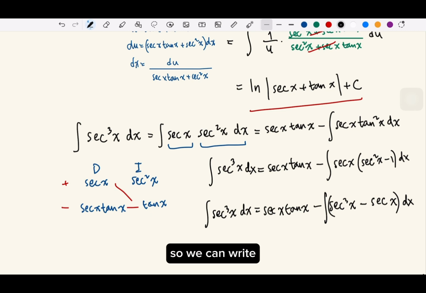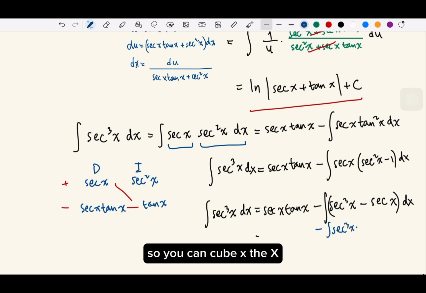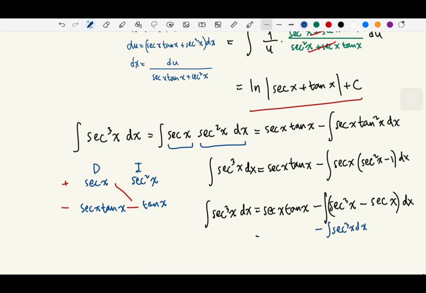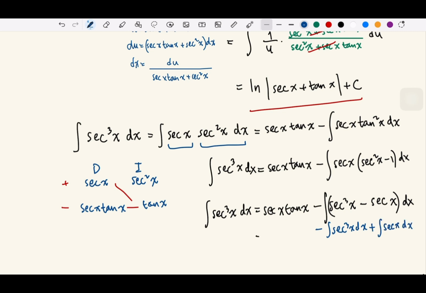So technically this is going to be negative secant cube x dx plus secant x dx, right?